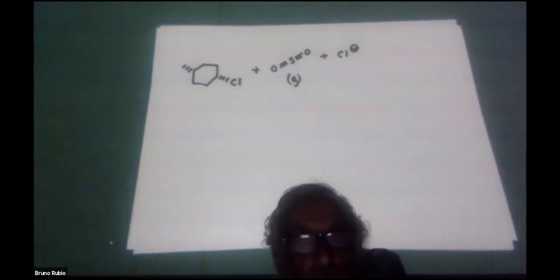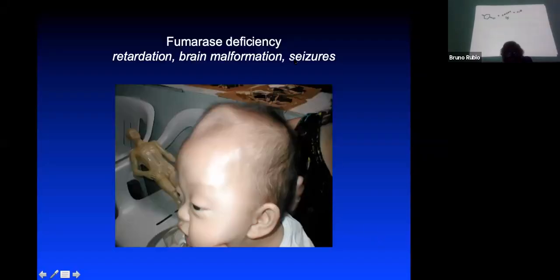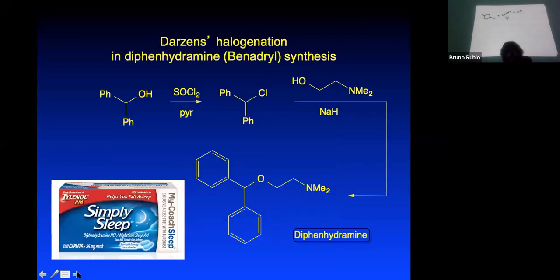I think I have a pretty picture to show you about Darzens halogenation. Yeah, here it is. Benadryl. Heard of Benadryl? Maybe you've taken Benadryl. The first step in the synthesis of Benadryl is you start out with this alcohol.